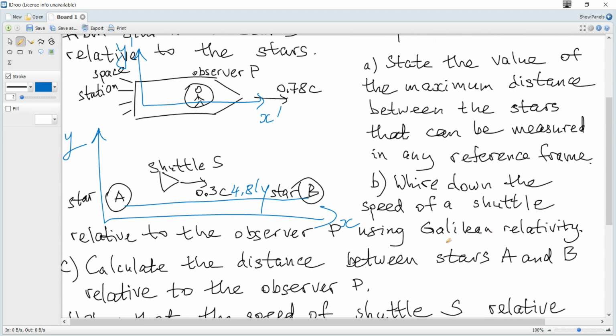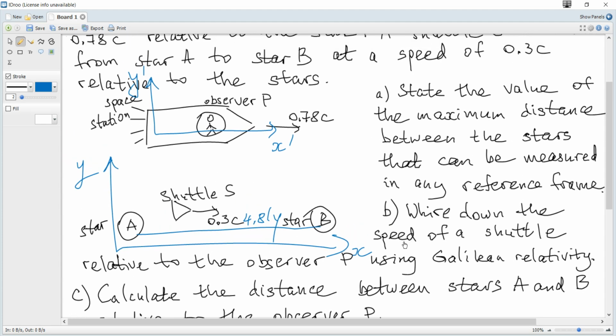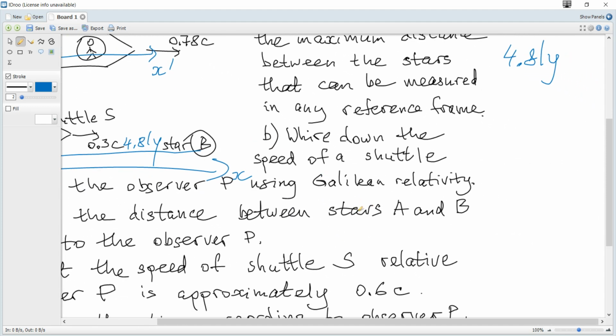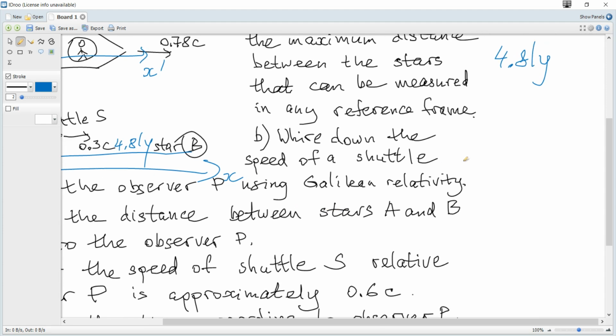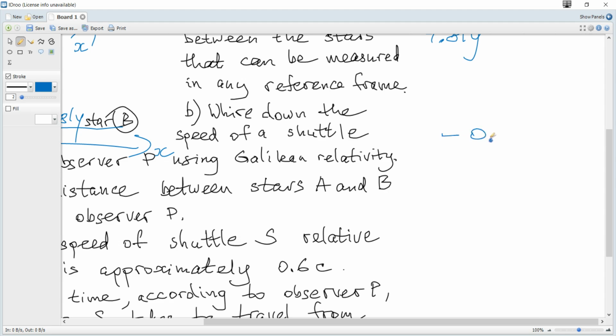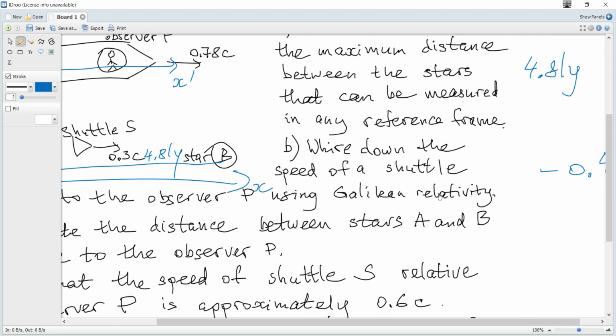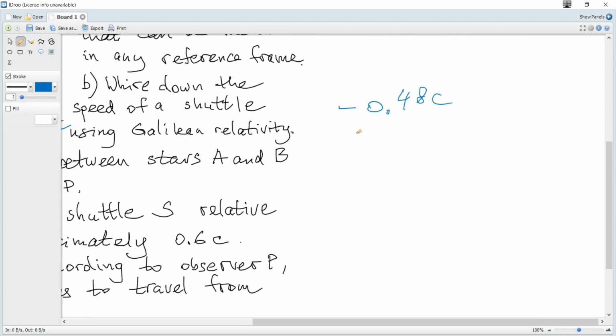Galilean is the usual transformation of velocities, and you may deduce without any calculations, since they are moving in the same direction, that for observer P the shuttle S is moving to the left because P is moving faster, but with a speed which is just the difference. So the speed of the shuttle relative to P using Galilean relativity is negative 0.48 c, because 0.78 minus 0.3 is just 0.48 c.